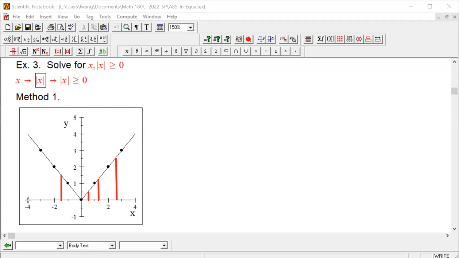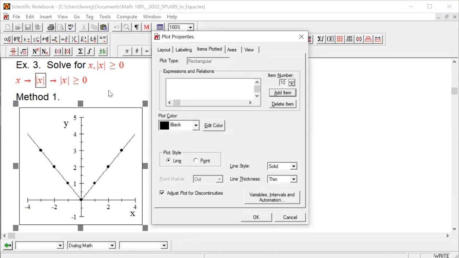So the solution really is all real numbers. All of these real numbers are solutions. So in this case, the solution is all real numbers, and I'm going to draw that horizontal line.